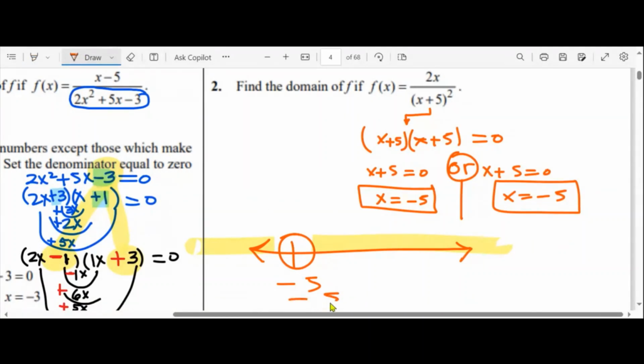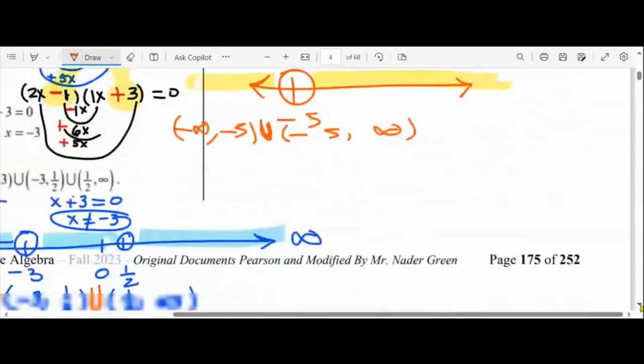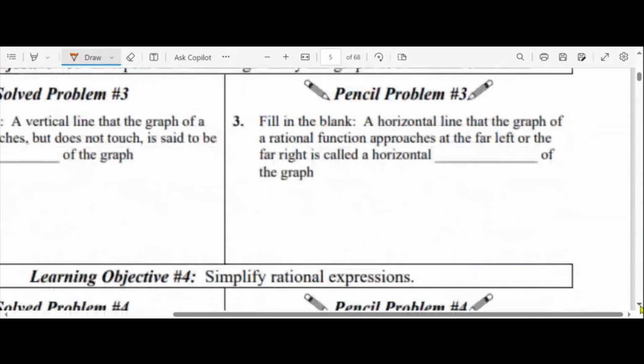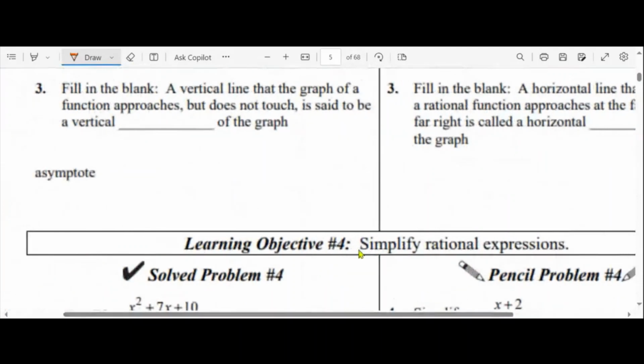So your answer will be minus infinity to -5, union, -5 to infinity. Is this clear? I'll leave this for you, classwork, okay?